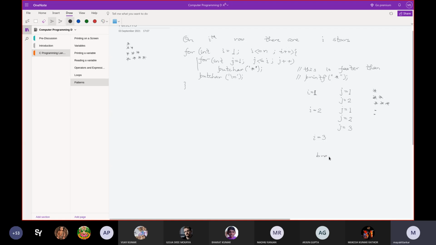It will break. In fact, not break, it will go out of the loop, but this is common terminology. The loop will break at i is equal to 4 if the input is n is equal to 3. So as you can see, this is going to give you the same structure as desired.